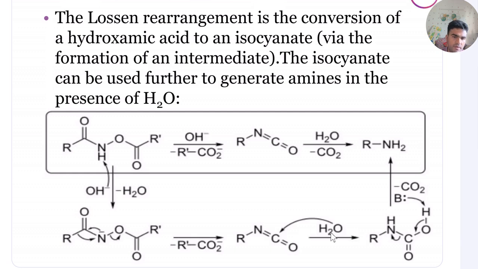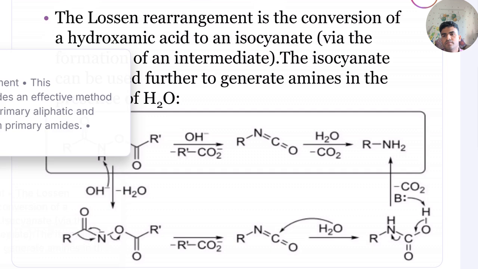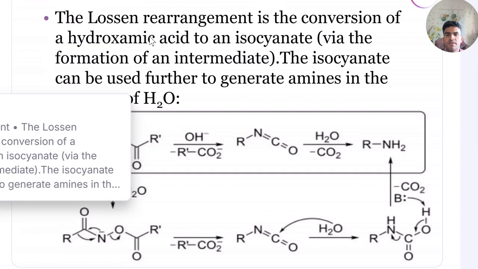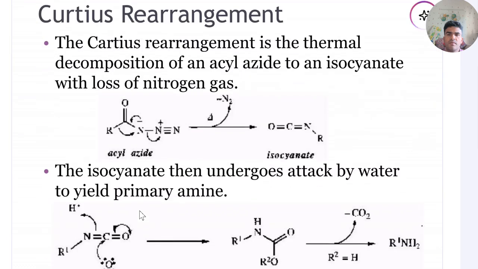After that, H2O will attack, one CO2 group will be removed and the corresponding amine will be formed. This mechanism is similar to the previous mechanism, that is Hofmann rearrangement.